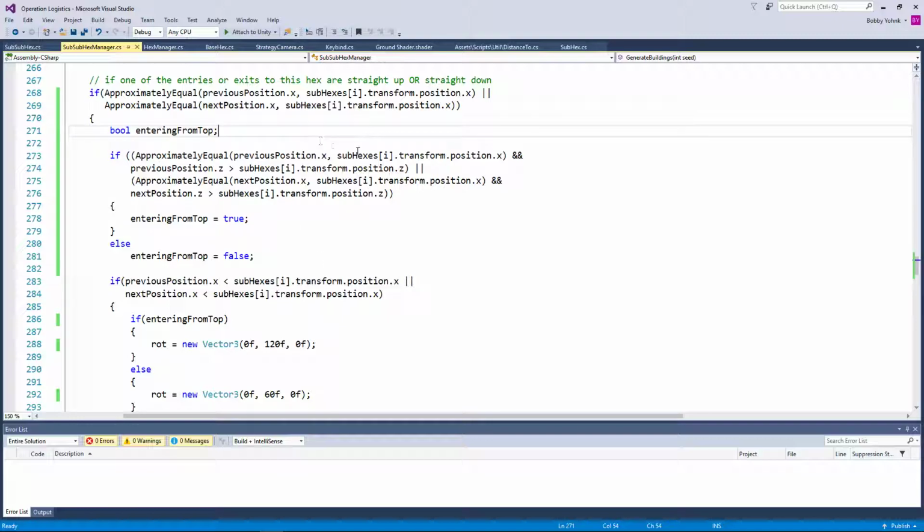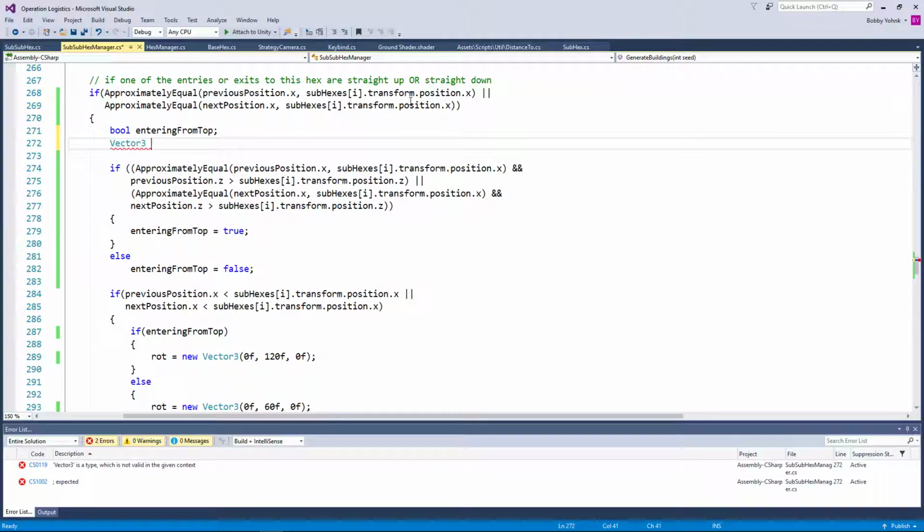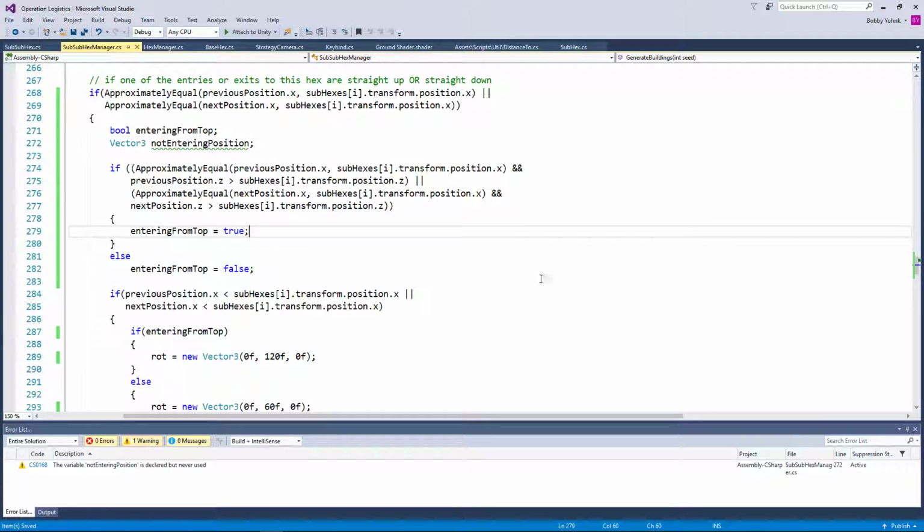Okay, let's create another quick variable here. Let's do a vector3 not entering position. Okay, so the not entering position would be something along the lines of, how do I want to do this? Let's say, because we need to know if previous position or next position is the approximately equal one. So let's get rid of this for right now.